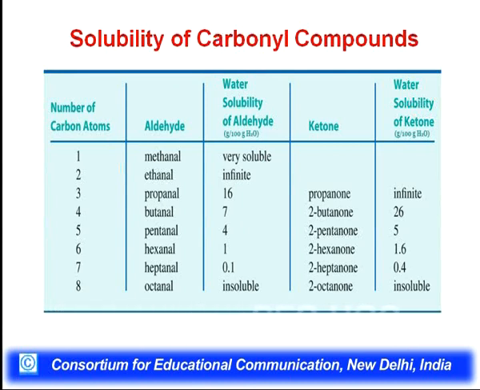The lower aldehydes and ketones are soluble in water, but as the alkyl portion or hydrocarbon portion increases, or as the branching increases, their solubility in water decreases. Benzaldehyde is not soluble in water, or it is partially soluble. So now we have to discuss the chemical properties of aldehydes and ketones.